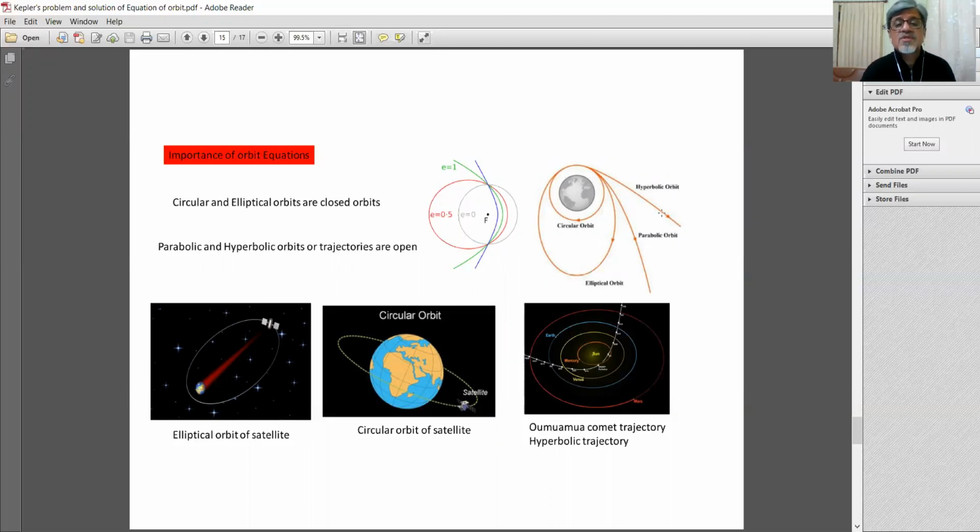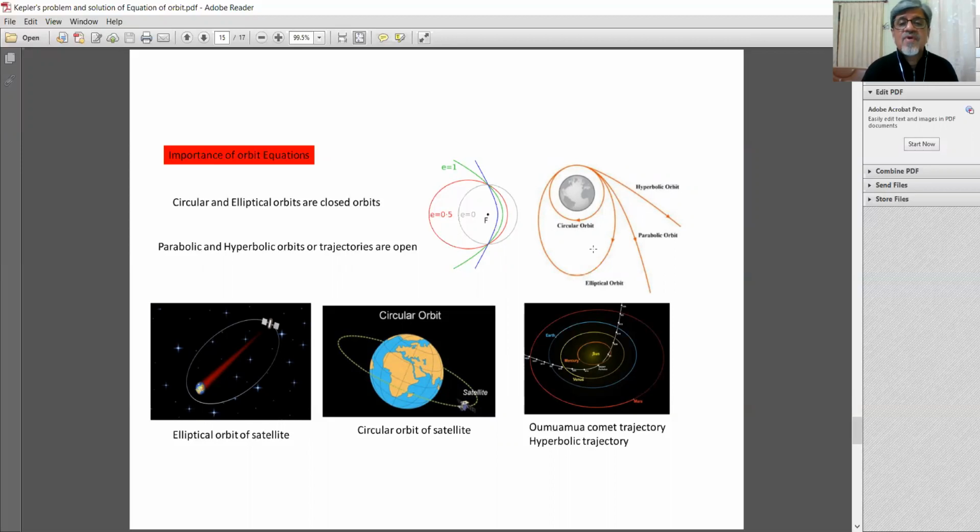Now, the beauty of these equations is that if you change the eccentricity condition and if you change the energy conditions, you can convert the circular orbit into the elliptical orbit, into the parabolic orbit, and particularly into the hyperbolic orbit. This can be achieved very easily by changing eccentricity and the energy values.